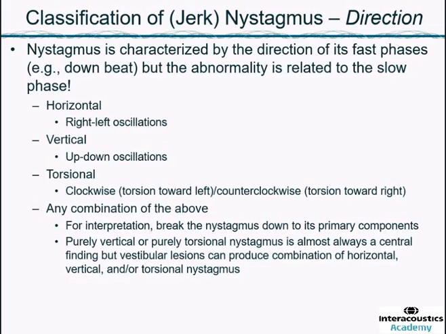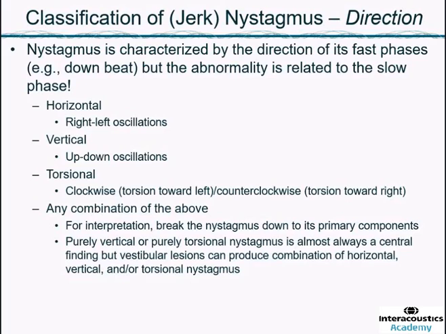In fact, you can identify a pure torsional nystagmus if you stand in front of the mirror and tilt your head right or left. You can see that your eyes make a perfectly torsional movement without much of a horizontal or vertical component.